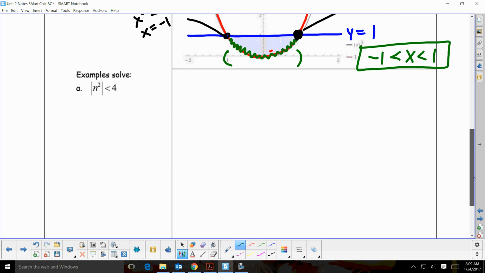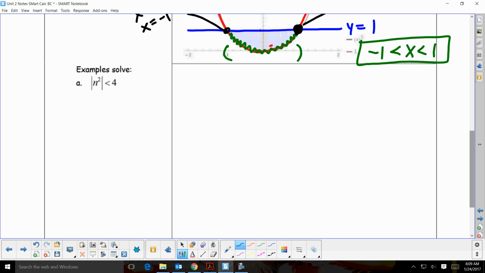Okay. Graph the next one. Graph the absolute value of n squared, just like you would do x squared. And graph y equals 4. This is easier to solve.